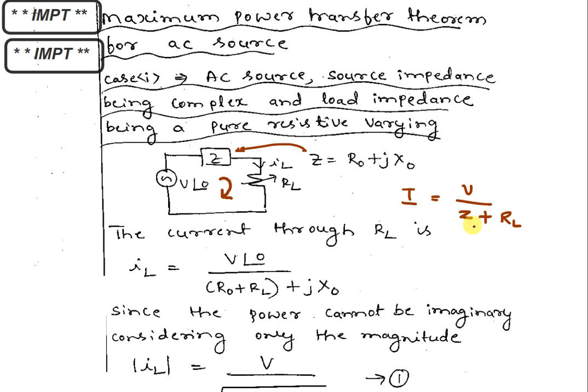So you write here R naught plus jX naught. After that, you add all the resistances, R naught and RL, which are resistors, and the imaginary part jX naught you write as it is.